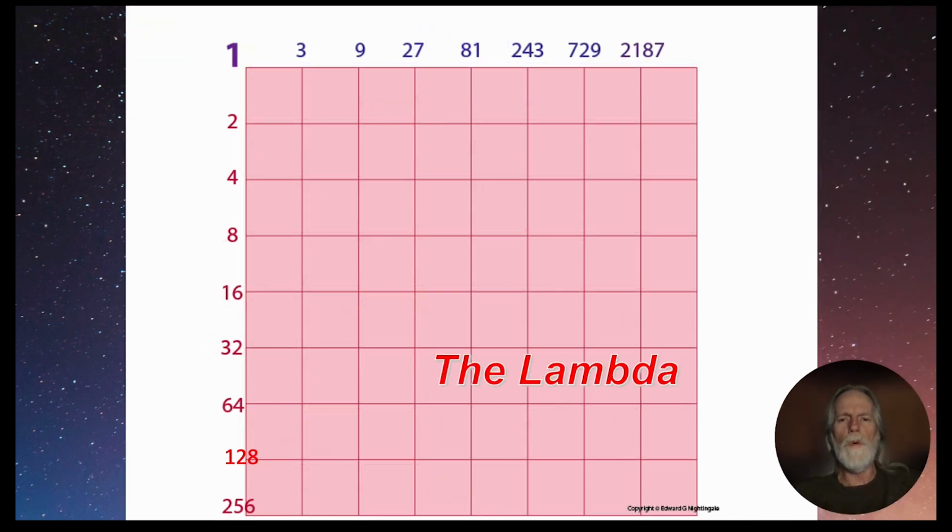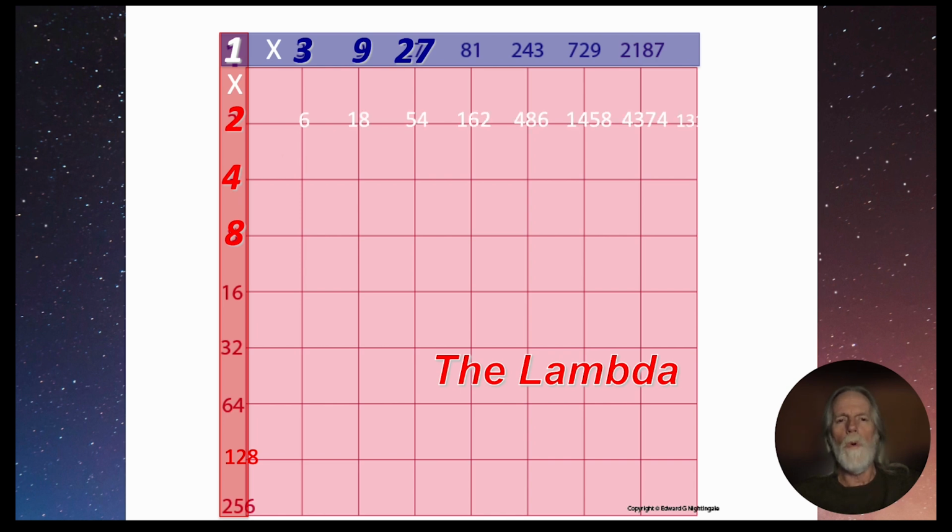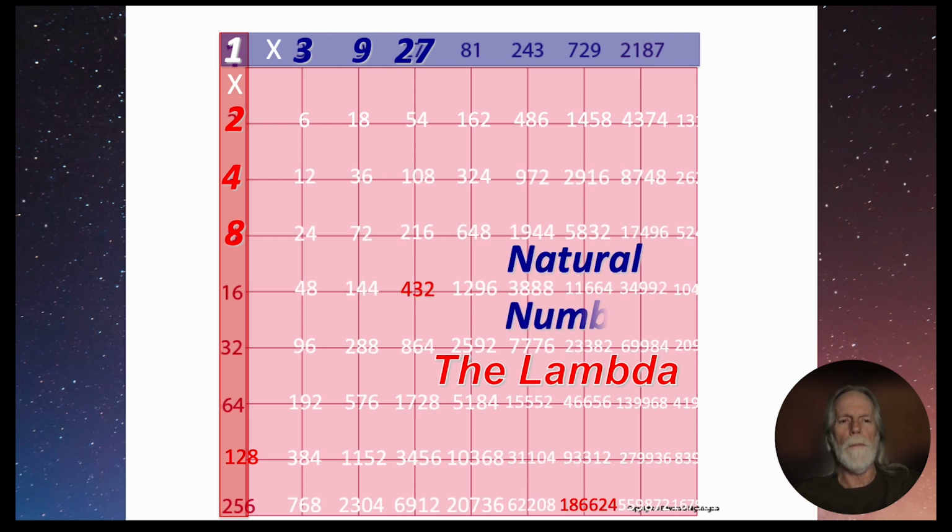There are 64 squares contained in the 8x8 grid. The lambda number sequences are applied to the grid with the tripling across the top or x-axis and a doubling sequence down the y-axis of the grid. Each coordinate on a plane has a numerical value and are known as the natural or platonic numbers.